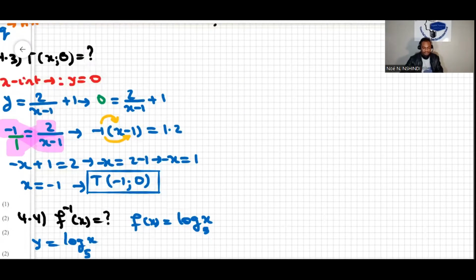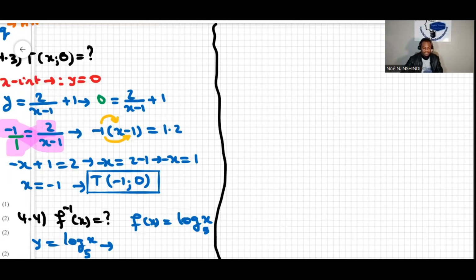This will be, according to the log formulas or definition, I can just write it over here.